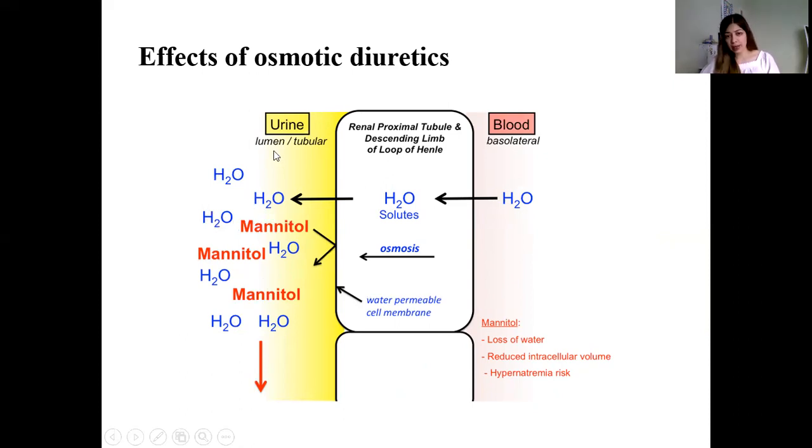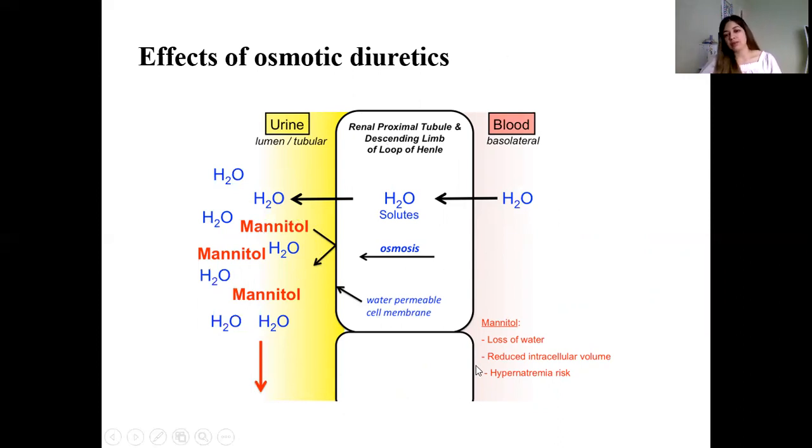So that's why, using the osmotic diuretics in the renal proximal tubule and descending limb of loop of Henle, especially where we have the water permeable cell membrane, water will strongly move to the outside, I mean from the blood to the urine because of osmosis.